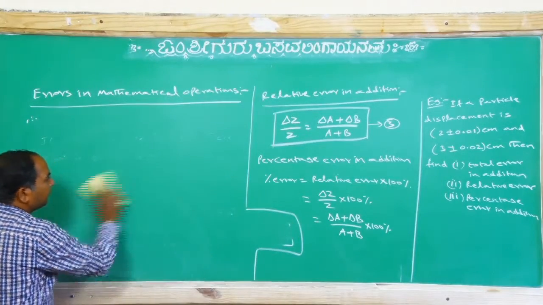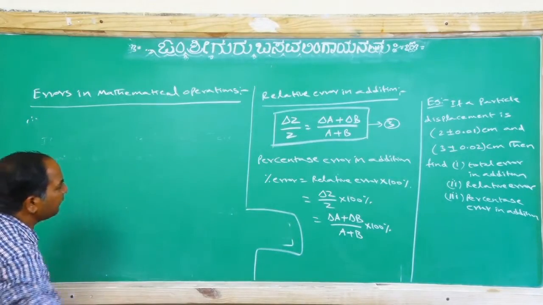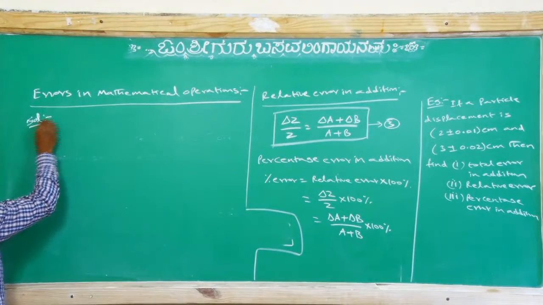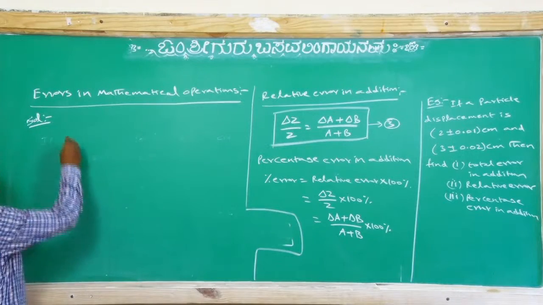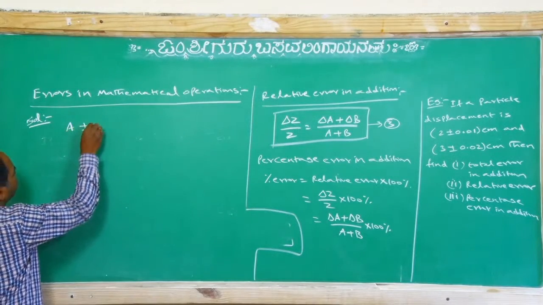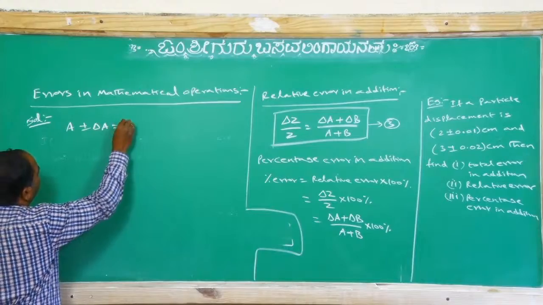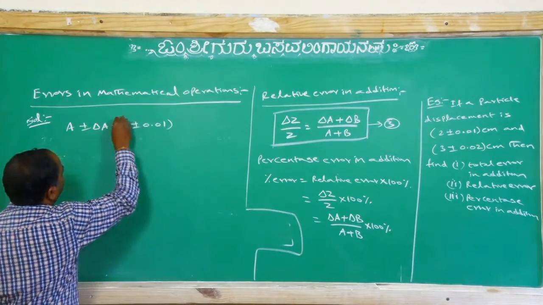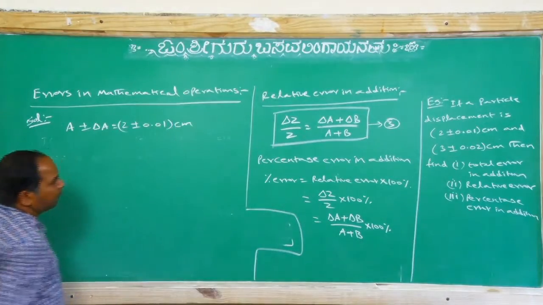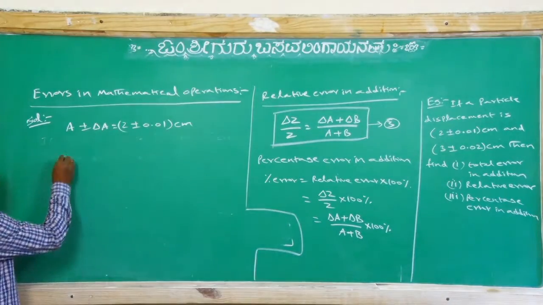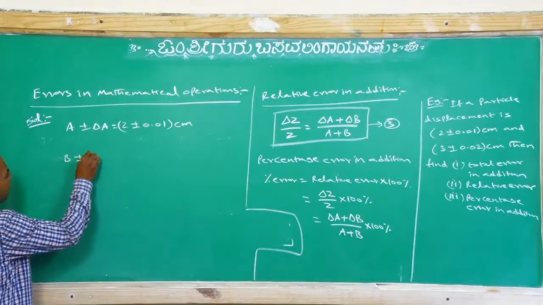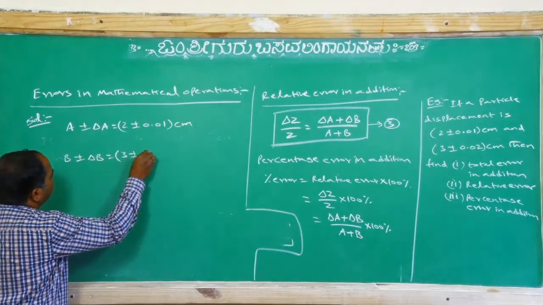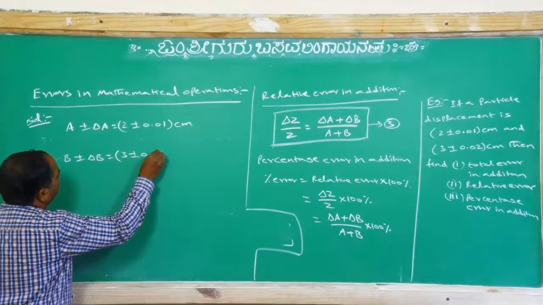Solution: A plus or minus delta A is equal to 2 plus or minus 0.01 centimeter, and B plus or minus delta B is equal to 3 plus or minus 0.02 centimeter.